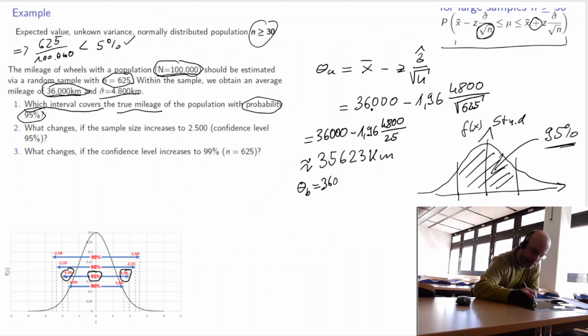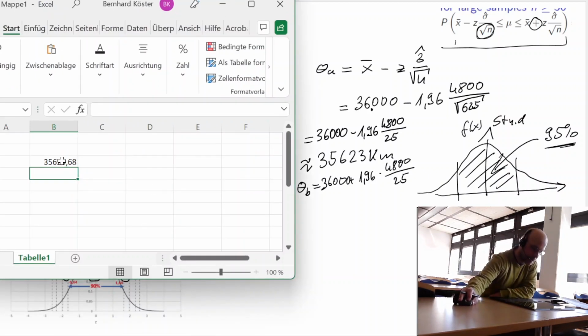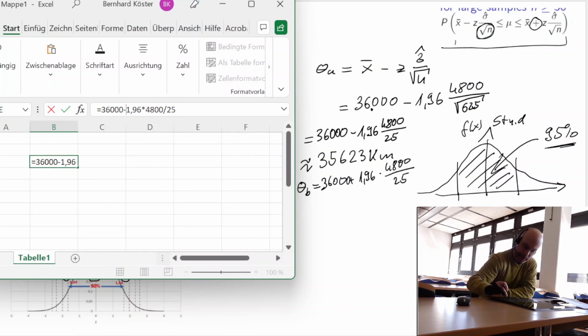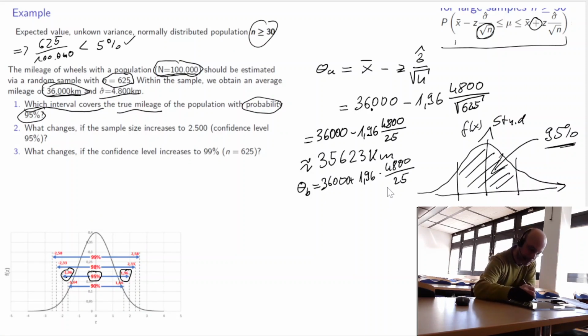So 36,000 plus 1.96 times 48 over 25. And this would be then just inserting here our plus. And we obtain 36,376.